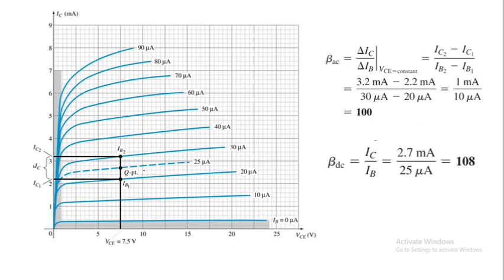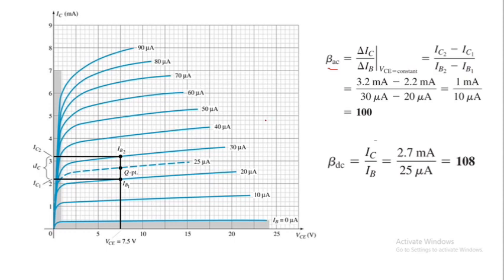Again, we have shown this graph here. Now we have to find beta AC. Beta AC can be defined as the change in IC over the change in IB for a certain fixed value of VCE. So delta IC is equal to IC2 minus IC1, and delta IB is IB2 minus IB1.